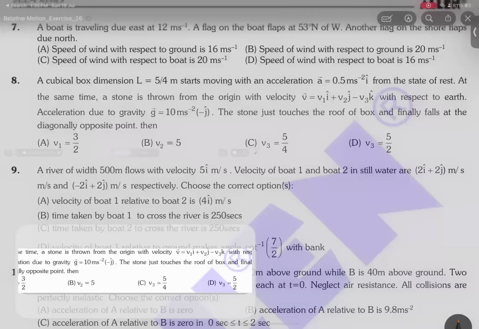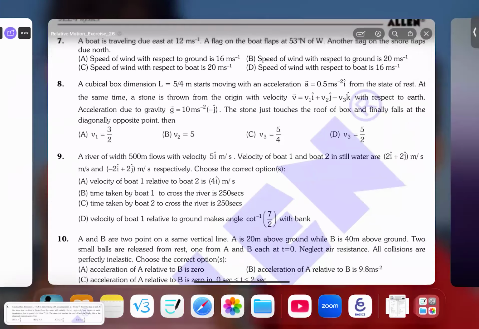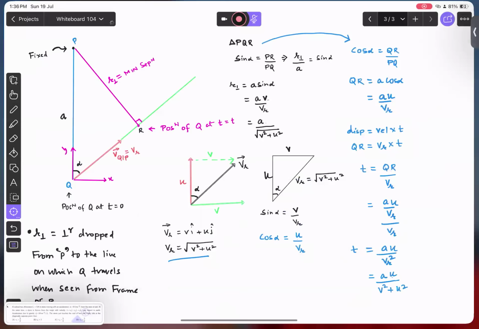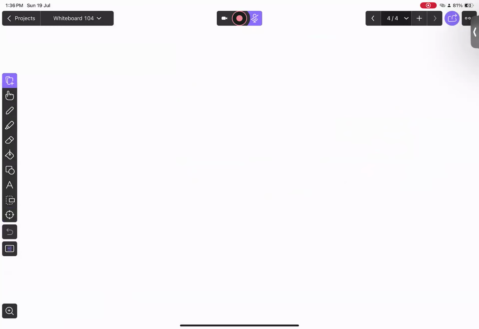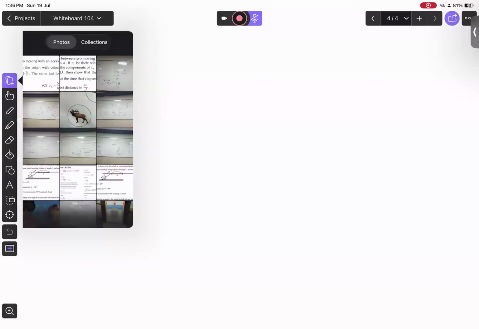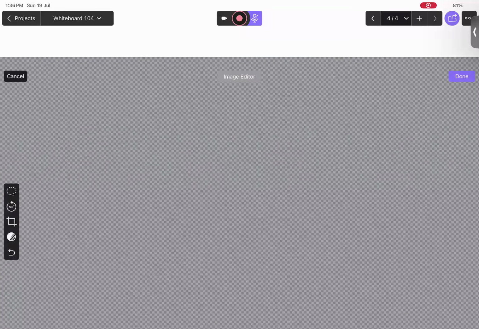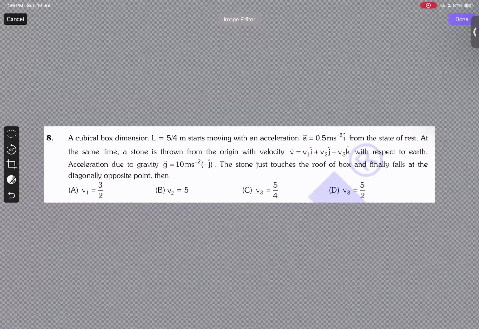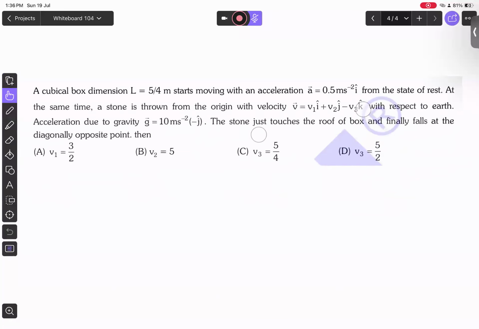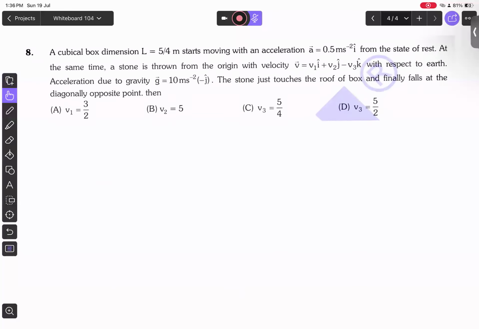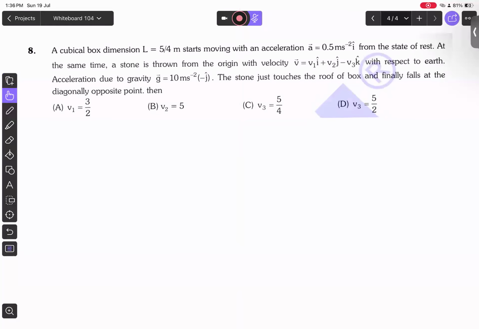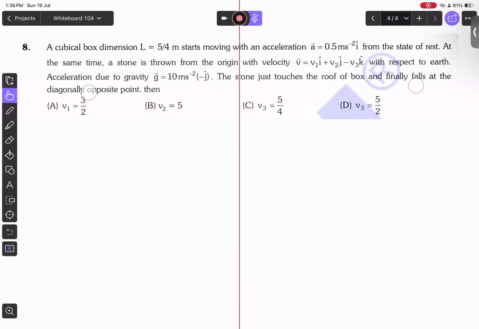So again, this question is regarding how to think by being in a frame, which is a moving frame. You want to try or I should solve it? Maybe try for some moment. Hint is you sit in the frame of that moving cubicle box.